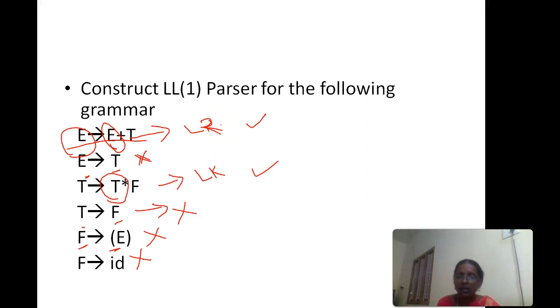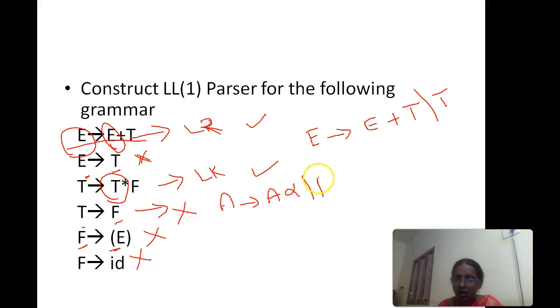So how can we eliminate them? First, let us take E generates E plus T, and for E one more production is there, T. So we have seen that A generates A alpha or beta.